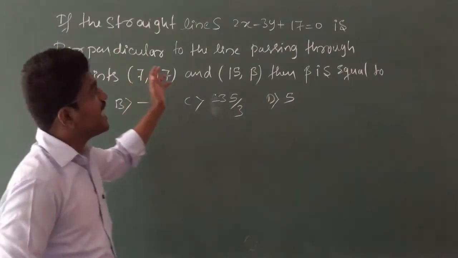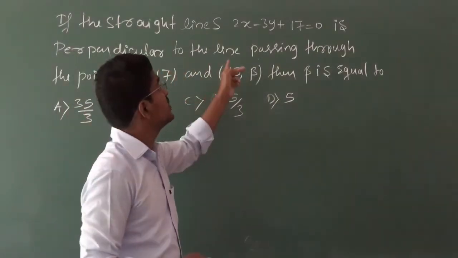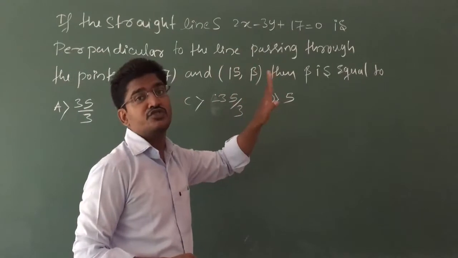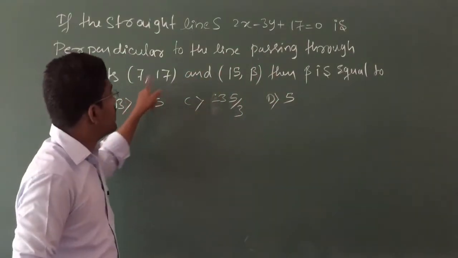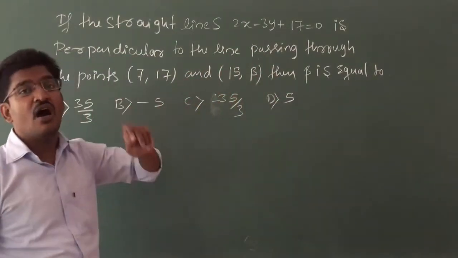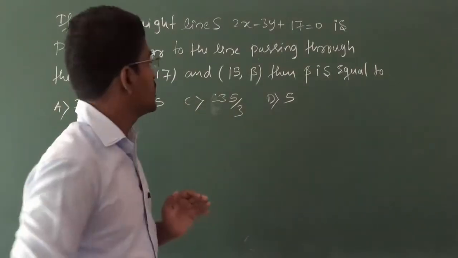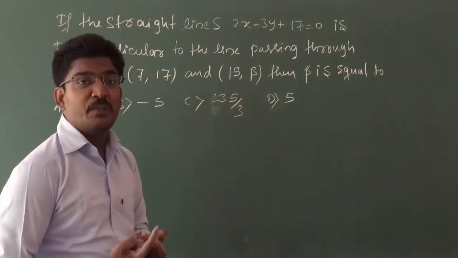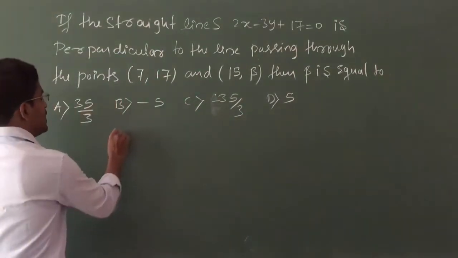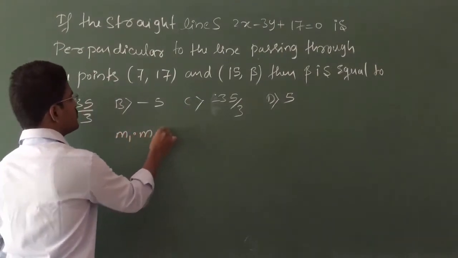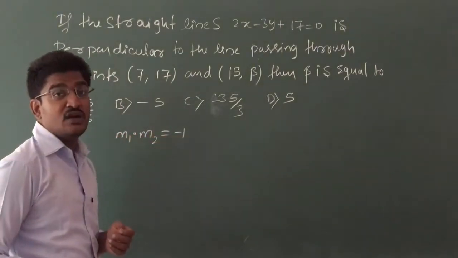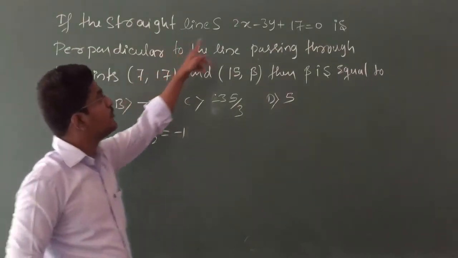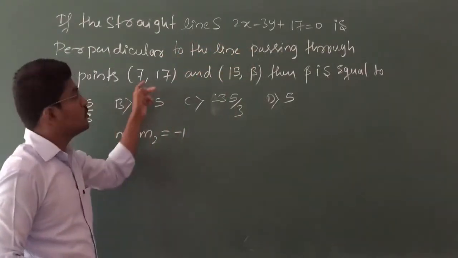So there are 2 straight lines, 2x minus 3y plus 17 equal to 0, and the line passing through these 2 points, perpendicular to each other. Okay. If 2 lines are perpendicular to each other, we know that product of their slope is equal to minus 1. Clear? So m1 will be the slope of line 1, m2 will be the slope of line 2.